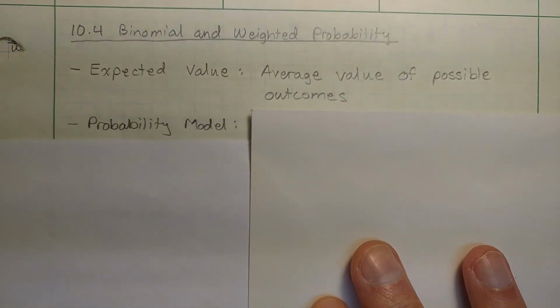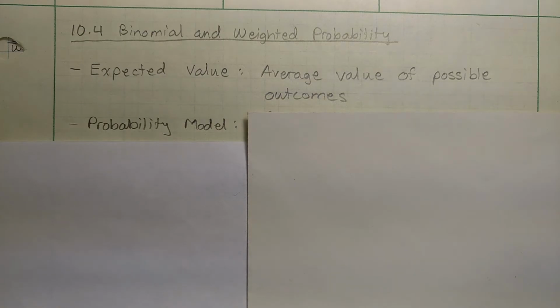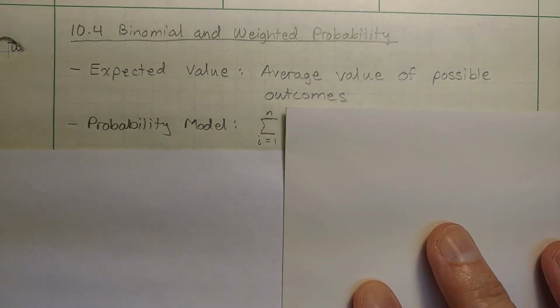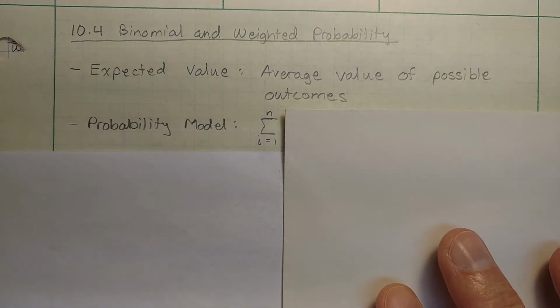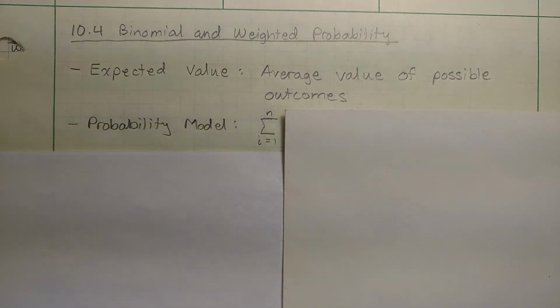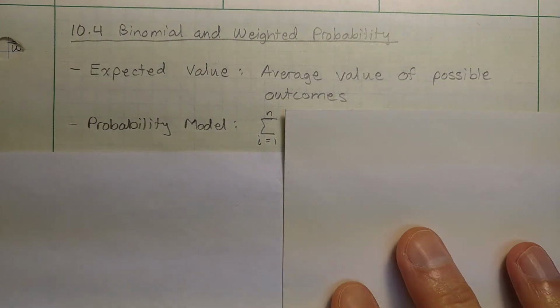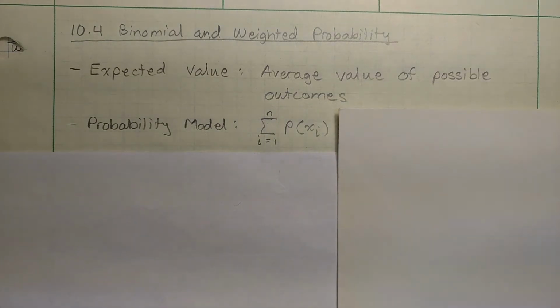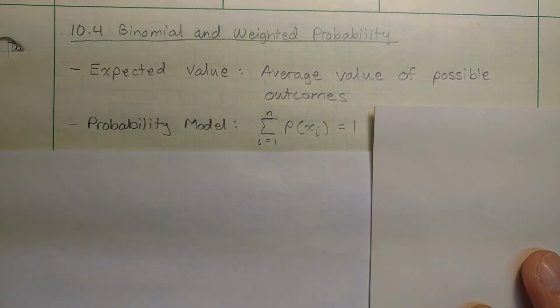So what we have to do is look at a probability model. And our probability model looks like this. For a probability model, we start with 1 and we go up to n, and we look at what the probability of each individual item is.